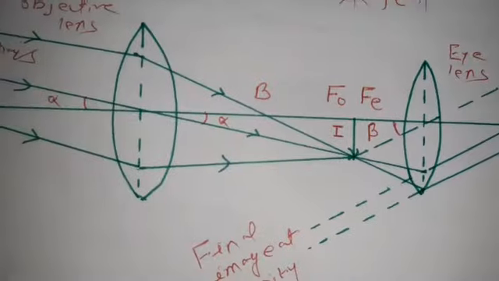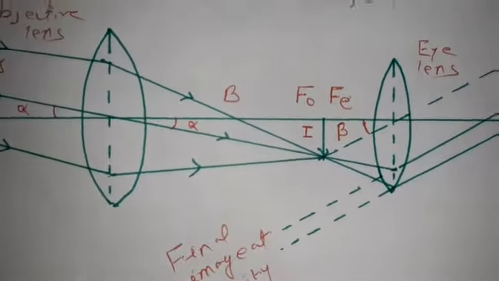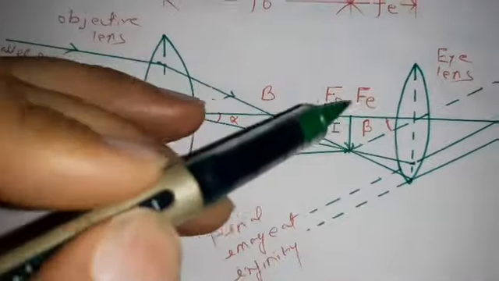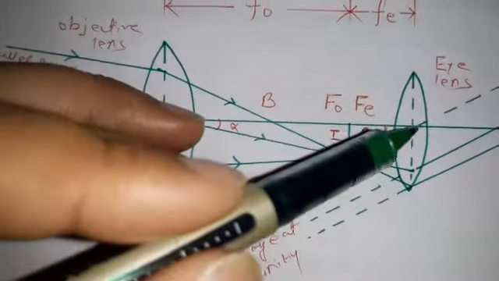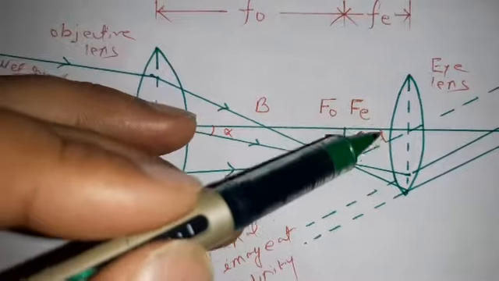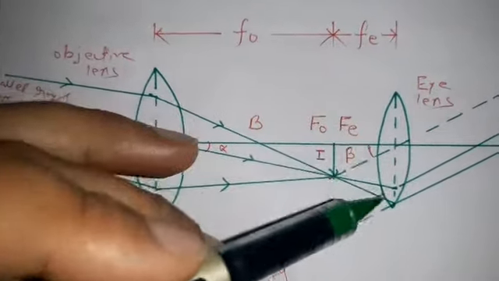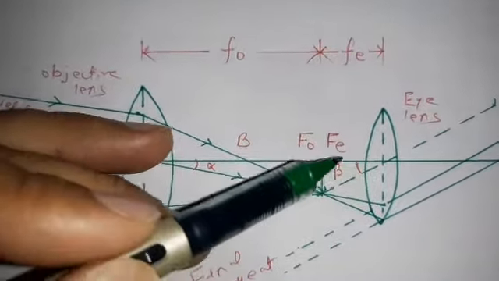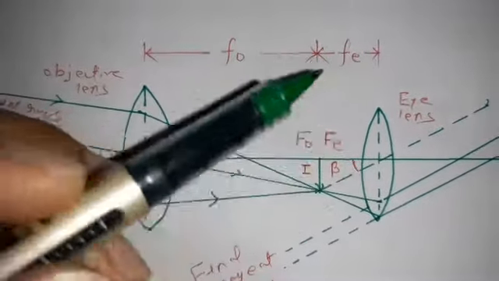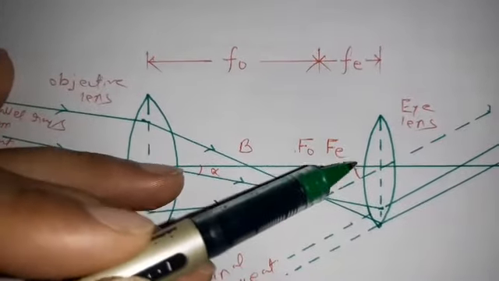Now again come to the ray diagram. Here we have one more triangle, making an angle beta with the optical center of the eyepiece lens. From here we can calculate the value of tan beta. So tan beta equals perpendicular upon base.